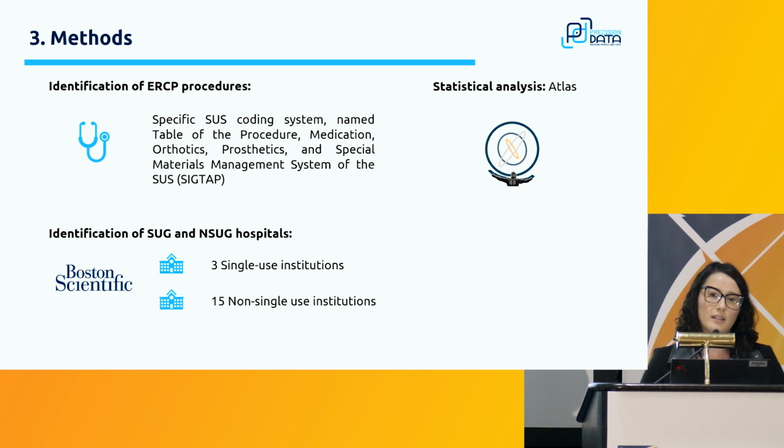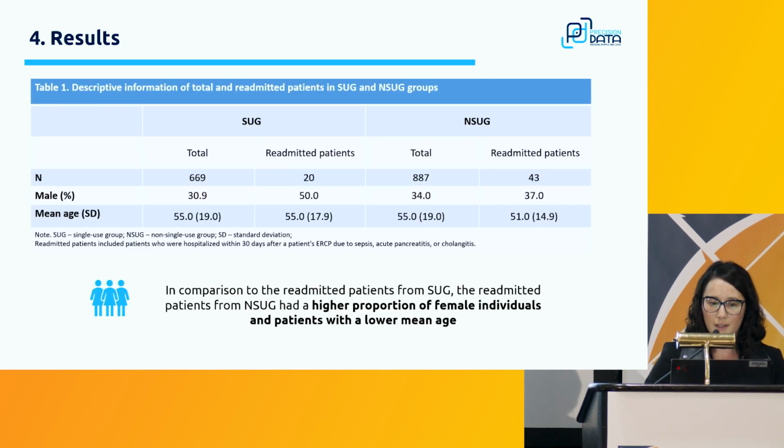They identified the institutions by comparing the number of devices that they sold to these institutions with the number of procedures that were done. If the number of procedures was higher, they concluded that it indicates that these institutions were reprocessing the materials.